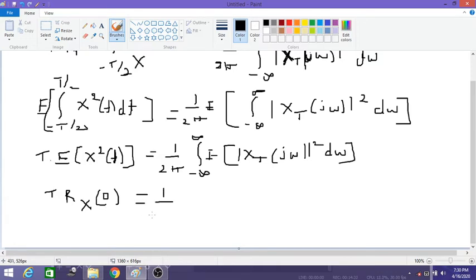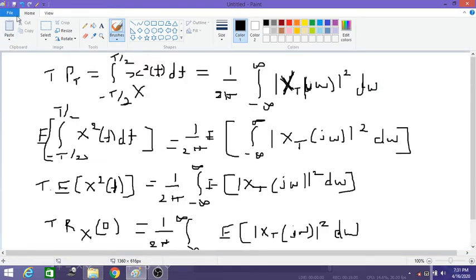So 1 by 2 pi into the integral from minus infinity to plus infinity of the expectation of the term X_T of j omega square into d omega. Then if I apply this limit, I can rewrite this equation on the next page.